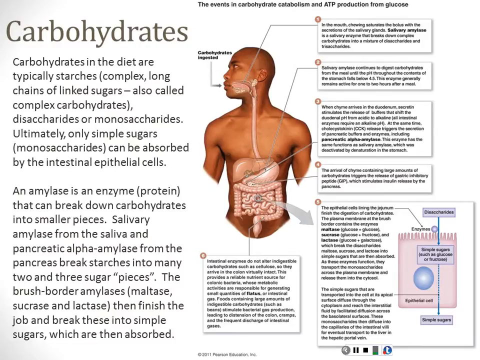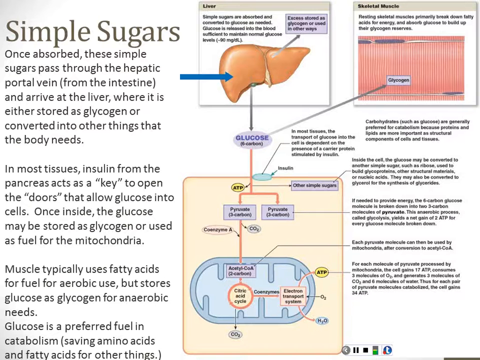Okay, so that's just one example of how the liver does its thing of regulating our metabolism and our nutrient levels in the rest of the body. Okay, so we have simple sugars coming in. Well, what happens then? Those simple sugars go to the liver, like I was just talking about. And in the liver, we have options.